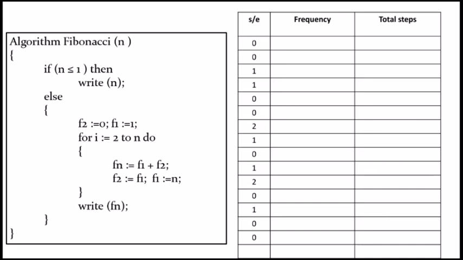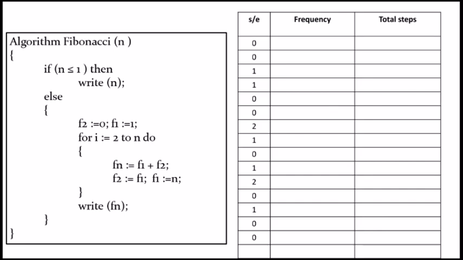In the next line again we are executing two statements in a single line, that is f2 equal to f1 and f1 equal to fn. So there are two statements, so the number of steps will be 2. Then for the closing flower bracket of the for loop, it will be 0. Next, write fn. So this is one step. Next, there are two closing flower brackets, so it will be considered as 0.